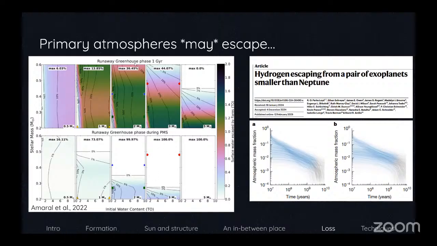The left one is basically showing that on rocky planets orbiting M dwarf stars, so like red dwarf stars, the activity of flares on these stars can remove a whole heck of a lot of hydrogen from those atmospheres. So they suggest that if those planets are forming with primary atmospheres, it's very likely that they have lost all of that envelope very quickly.